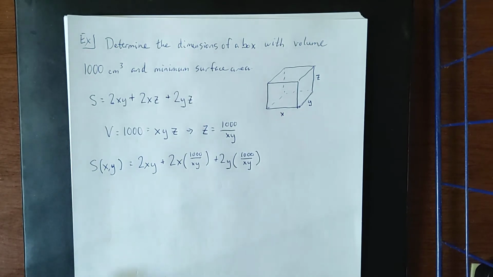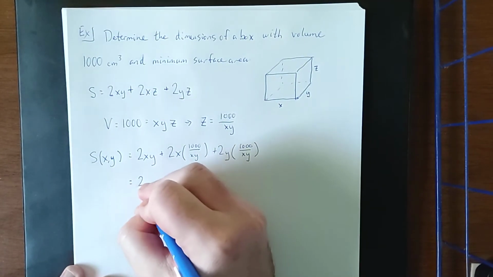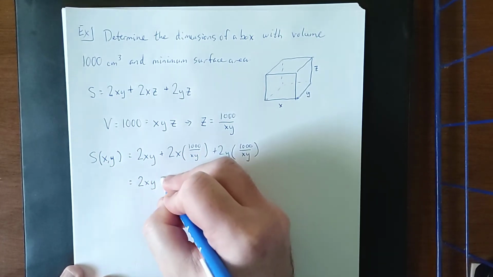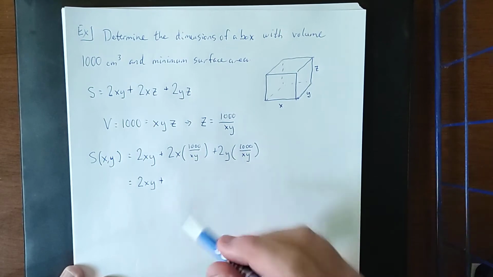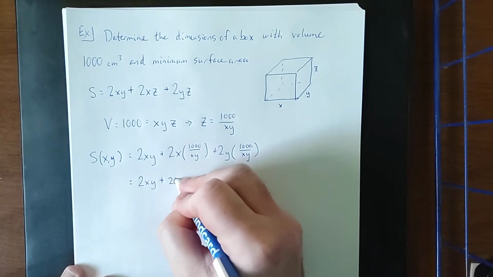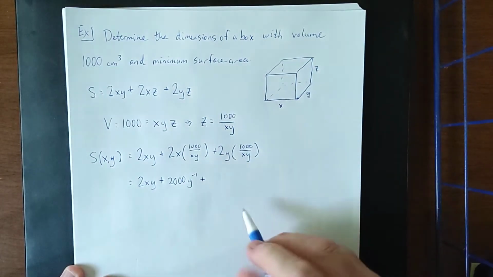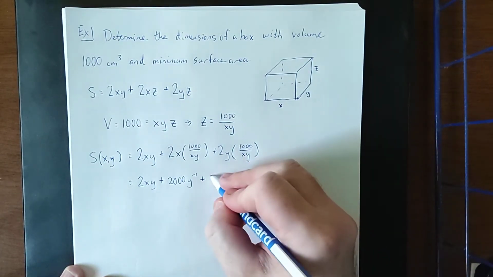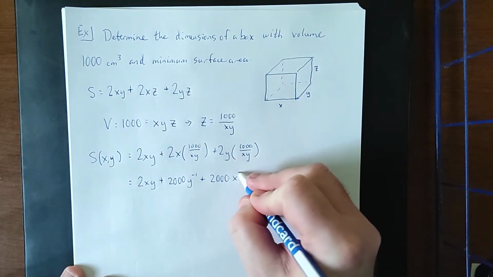Now if we perform some algebraic manipulations to these fractions that we've just created, and in anticipation of the derivatives that we're about to take, for this we can cancel out the x's, multiply the 2 times 1,000 to get 2,000, and refer to this as y to the negative 1 power. We can do similar algebra to the third term here and call that 2,000 times x to the negative 1 power.